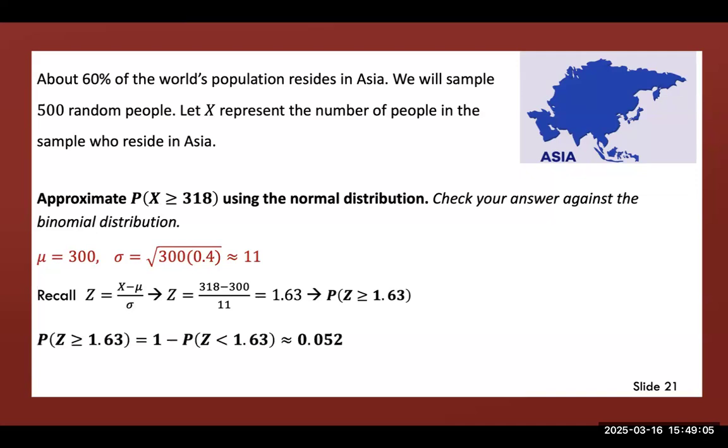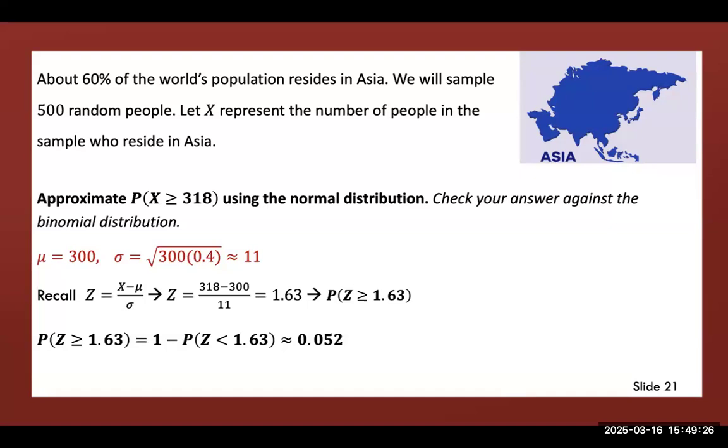Now, remember that the Z table that I provided you with and Microsoft Excel or Google Sheets, they only find probabilities involving less than or equal to. So what we need to do is find the complement of this probability.